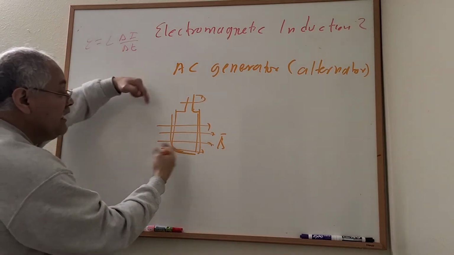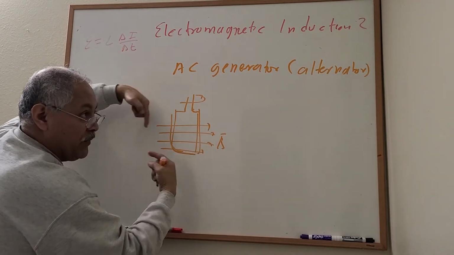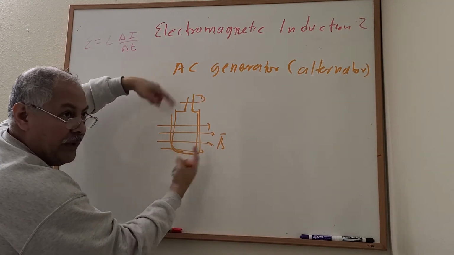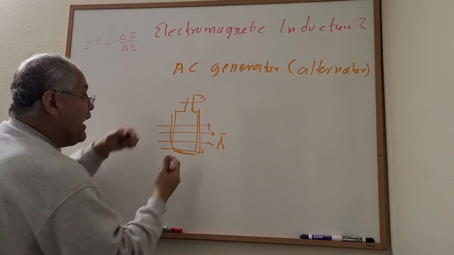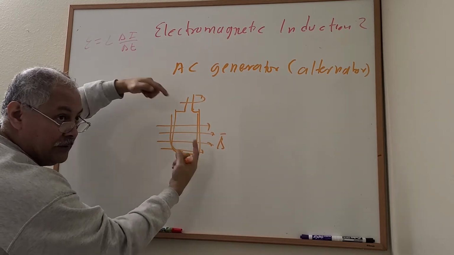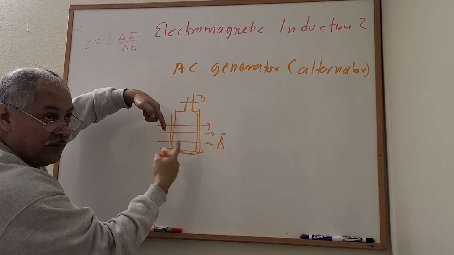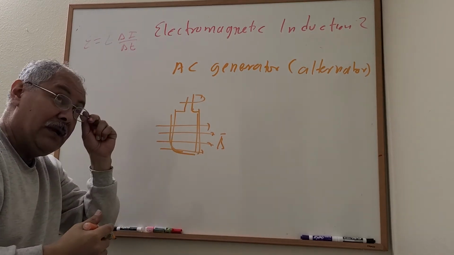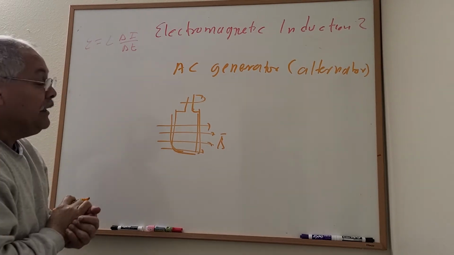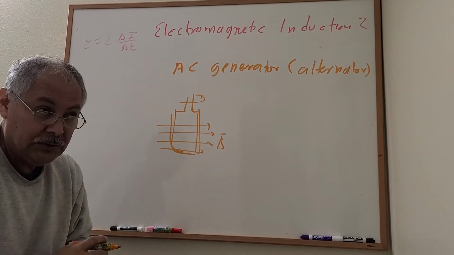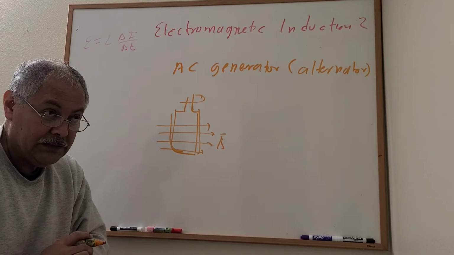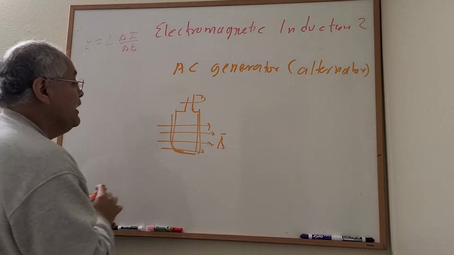This means again that we create current when we rotate the coil inside of this magnetic field. Remember, that's the third way we create current, according to the previous session.